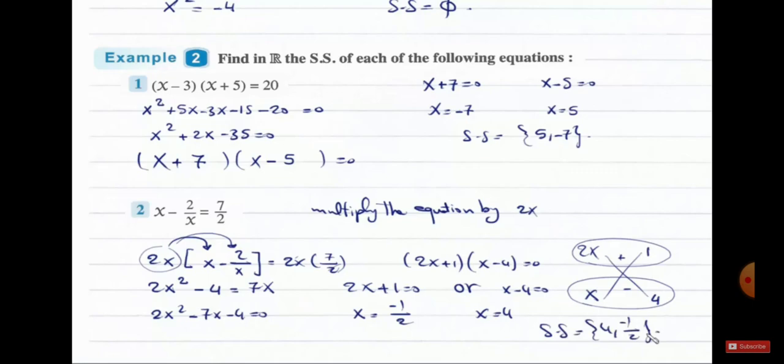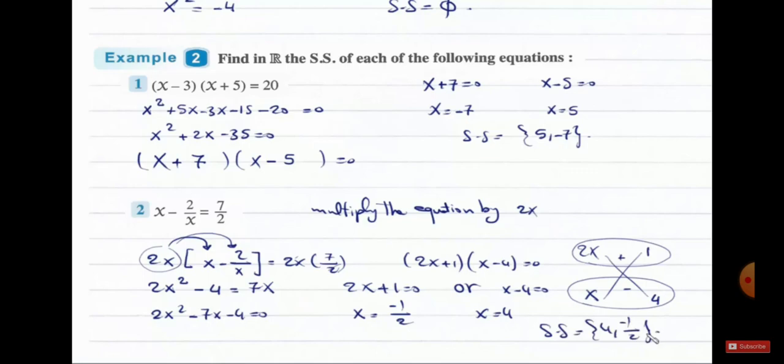Another example, x - 2/x = 7/2. We have to multiply both sides, all three terms, by 2x. Why by 2x? Because here we find 2 in a denominator and x in a denominator, and we have to remove them.